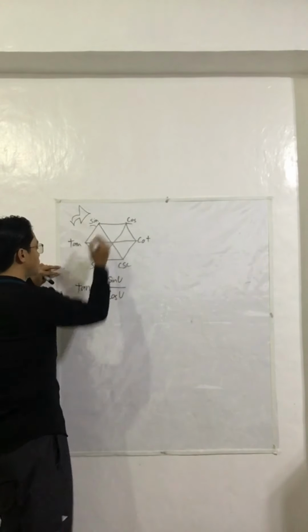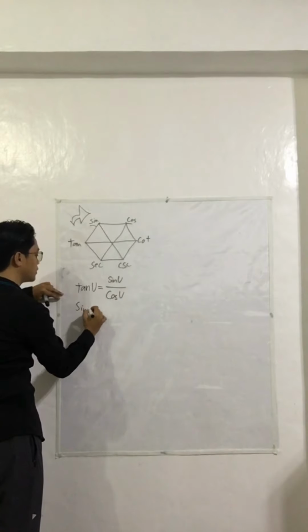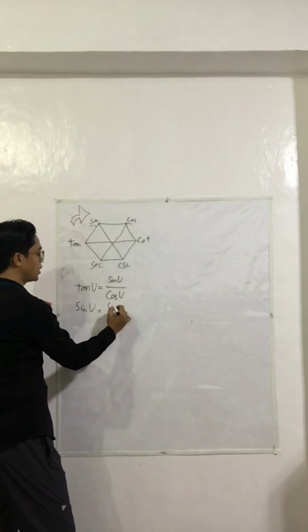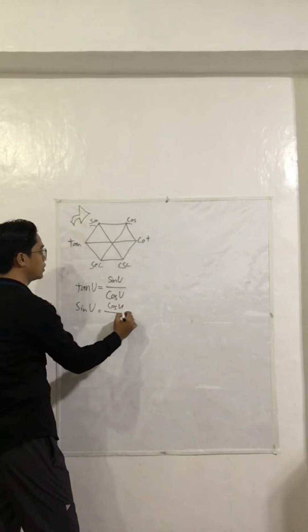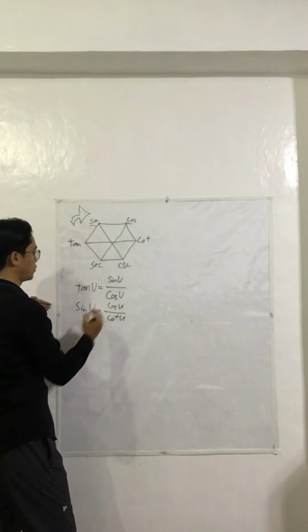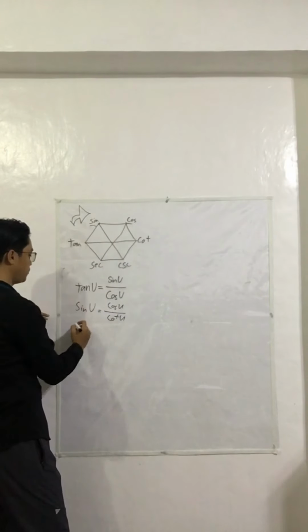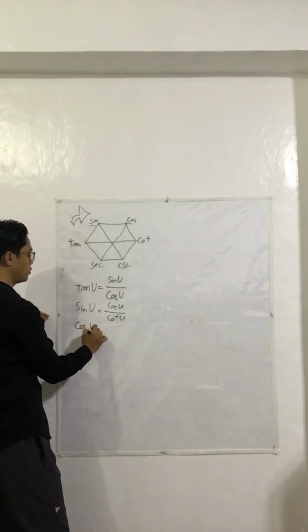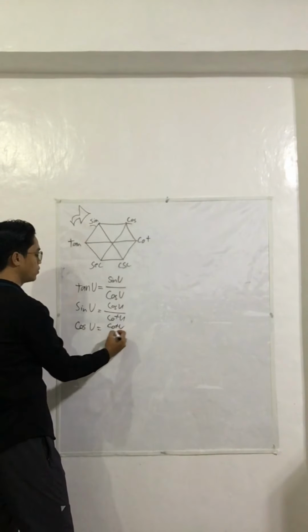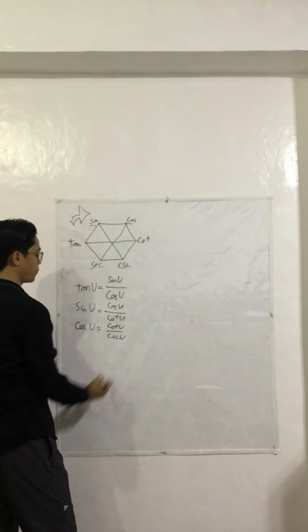And then yung sine naman, sine u is equal to cosine u over cotangent u. And sa cosine naman, cosine u is equal to cotangent u over cosecant u.